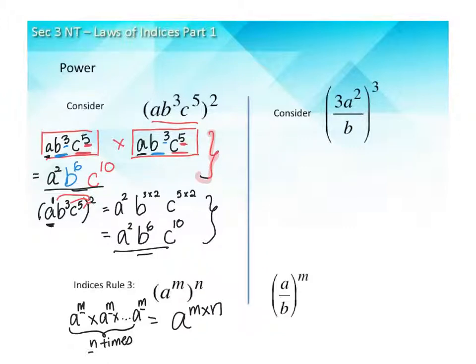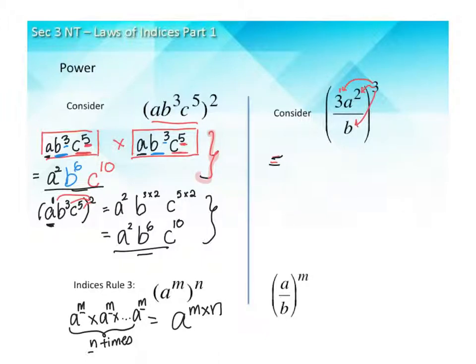Now, what happens if we have a fraction? For example, 3a squared over b to the power of 3, the whole thing to the power of 3. What does this mean? This means that every term inside my bracket will need to have the power 3. So, applying power 3 for every one of them. This is 3 to the power of 1. What will I get?